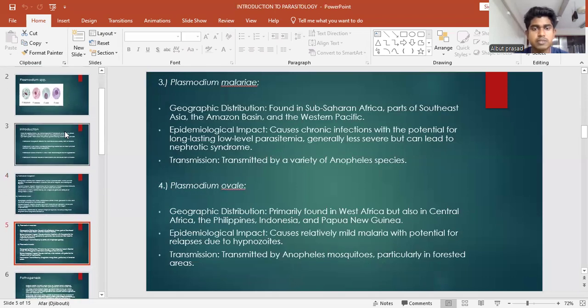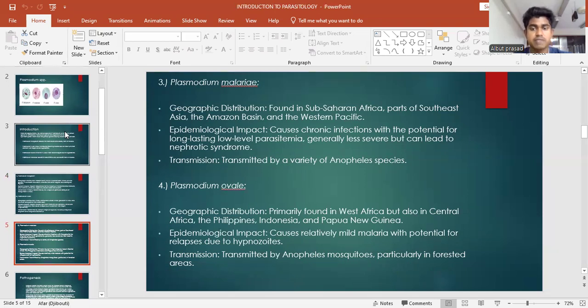Moving on, third is Plasmodium malariae. They are found in sub-Saharan Africa, parts of Southeast Asia, the Amazon basin, and the Western Pacific. They cause chronic infections, a long-lasting low-level parasitemia, which is less severe but can lead to nephrotic syndrome.